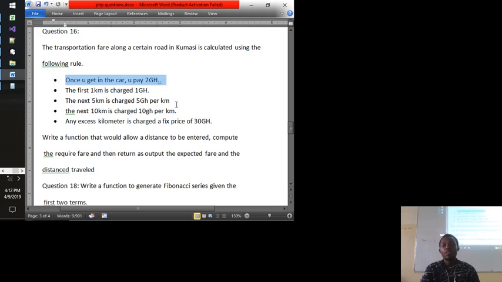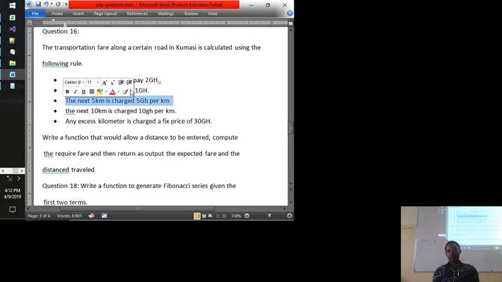If the person covers here fully, that's also 25. You said the first 1 kilometer, yes, the person pays 1 cedi. Yes. Then the next 5 kilometers. That means the first kilometer is not part of the 5. No, it's not part of the 5.